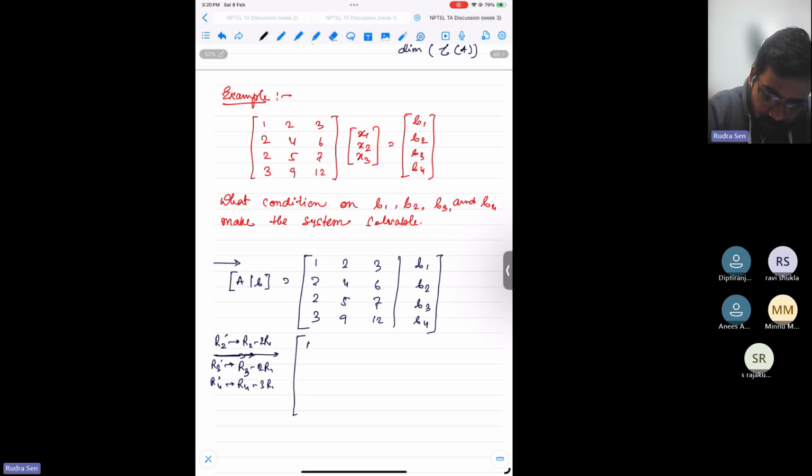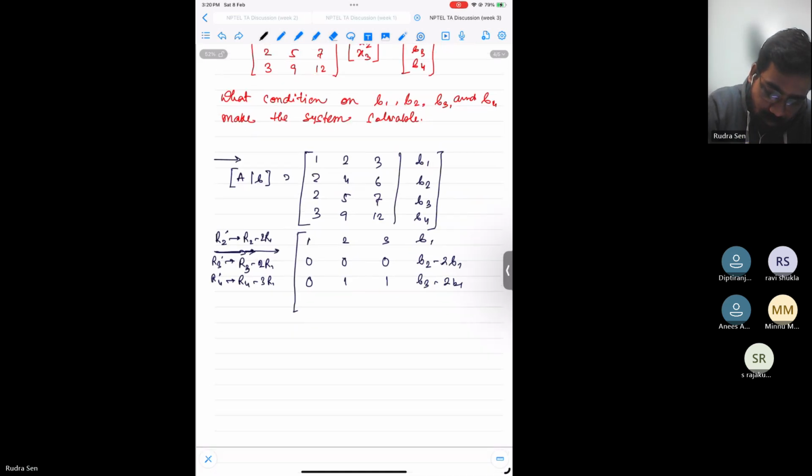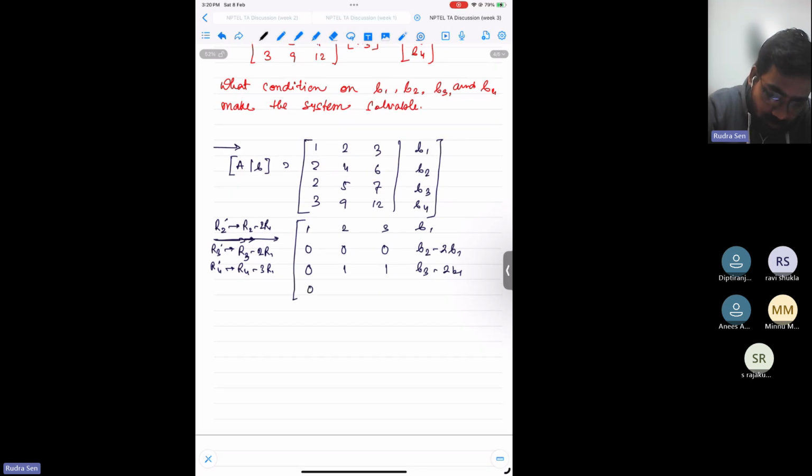So we get 1, 2, 3, b1, then 0, 0, 0, b2 minus 2b1, then 0, 1, 1, b3 minus 2b1, and then 0, 1, and this one is 3.